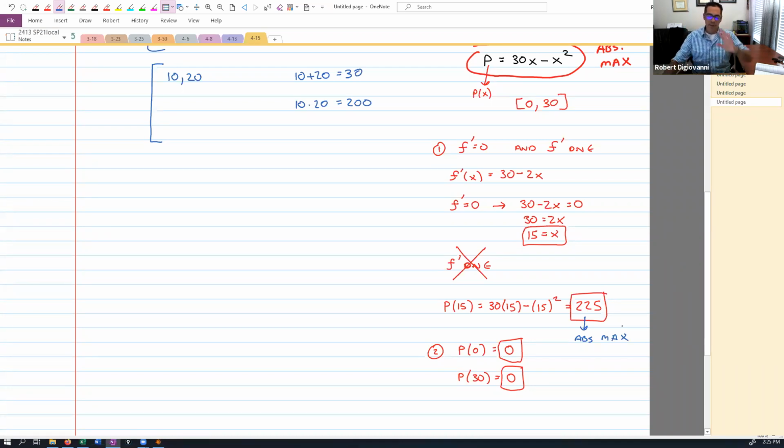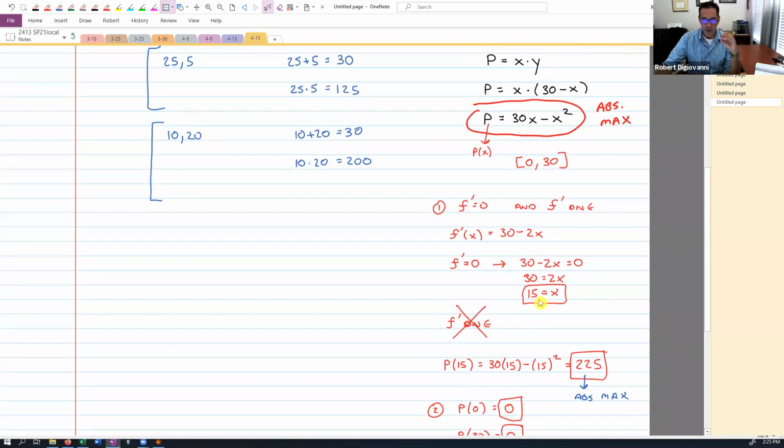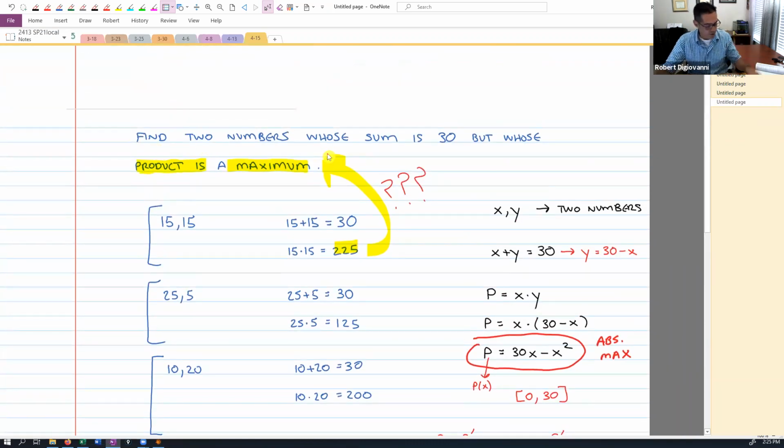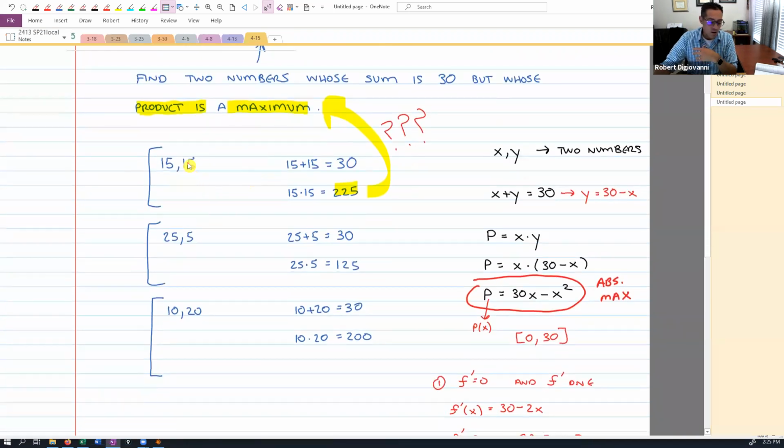So I'm not expecting you to be completely on board with me with what happened here. What I want you to understand is this. The problem that we were posed was to find two numbers, and I should add two positive numbers, just to be clear here. To ask you to find two positive numbers who add up to be 30, but whose product is a maximum, you could sit here all day long coming up with different examples, okay?